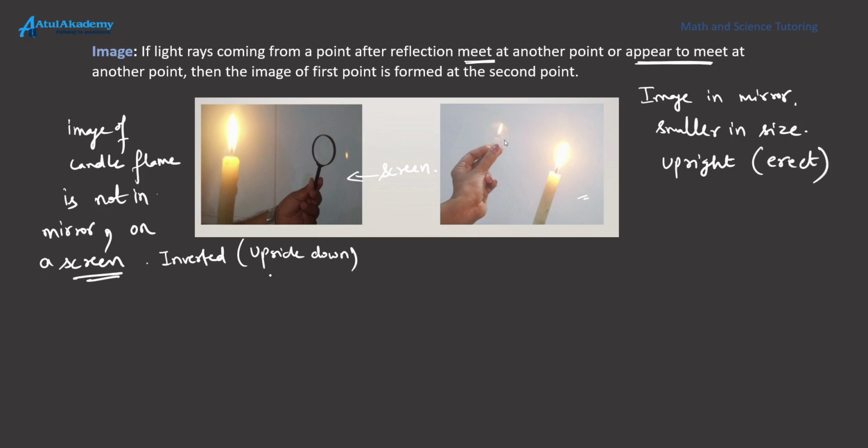So there is a difference between these two images. We call this one the real image, and this one the virtual image. So we have two types of images, the real image and the virtual image.